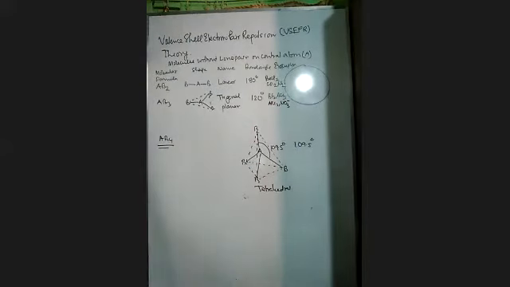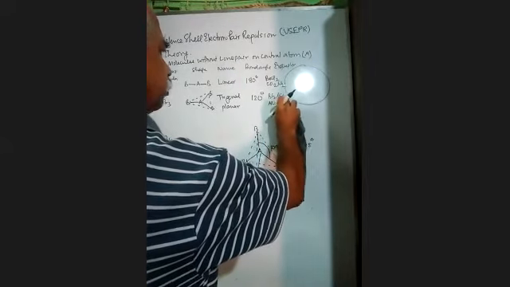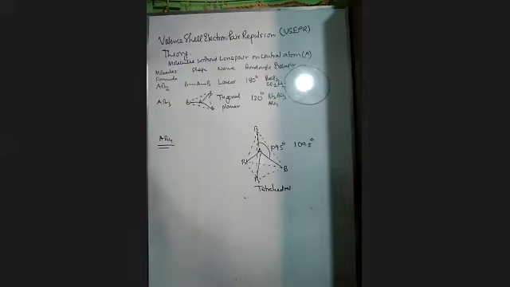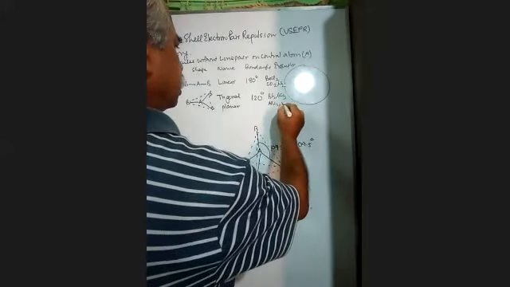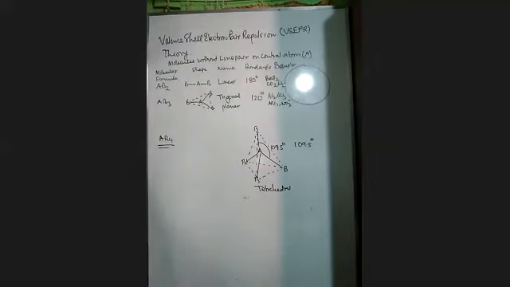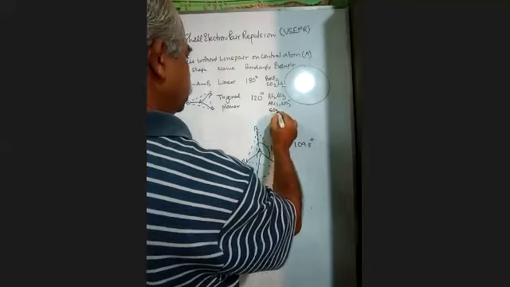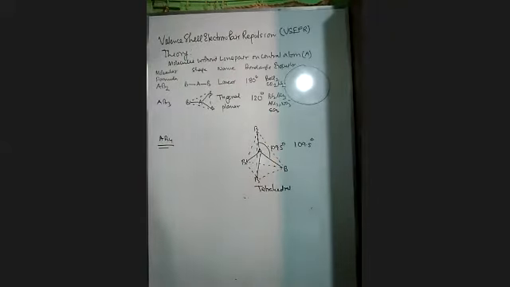nitrate. All right. Okay. Now I will not use nitrate here. Then sulfur dioxide. These are the examples.